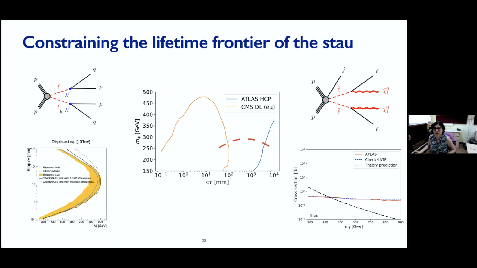However, in the case of taus or any scalars that are electrically charged, the main thing that you need is an ISR jet to trigger on, and having this very hard jet means that your cross section is too low. So we find that even though in principle you should be sensitive, the cross sections are not high enough to get anything. So you have this big gap in the middle.